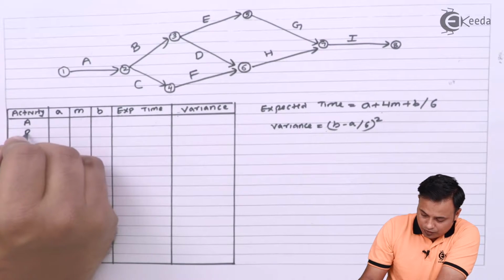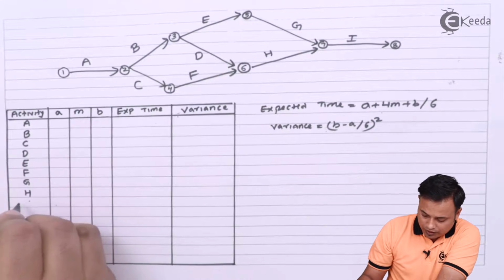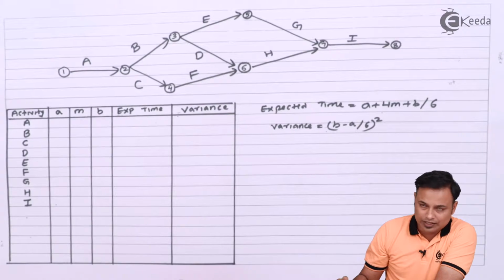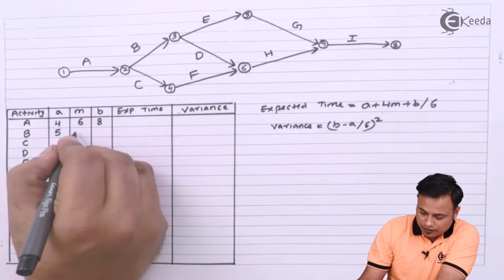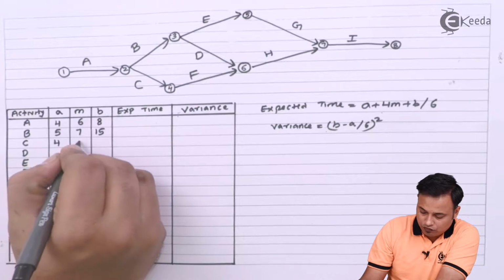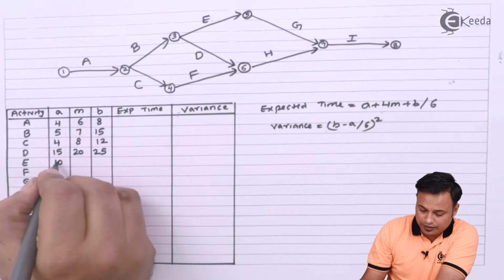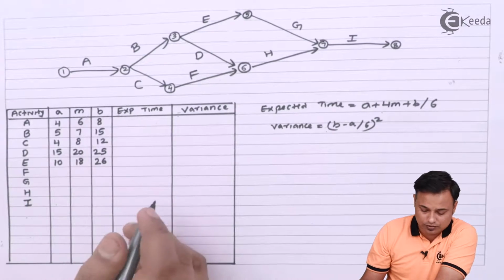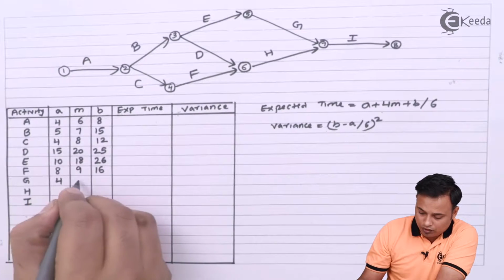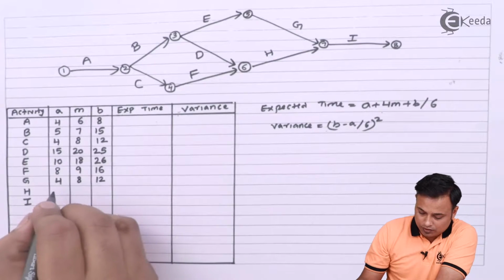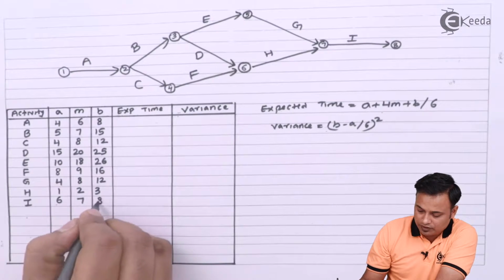So A, B, C, D, E, F, G, H and I. These are my activities, and I'll note down the numbers as it is: 4, 6, 8, 5, 7, 15, 4, 8, 12, 15, 20 and 25, 10, 18 and 26, 8, 9 and 16, 4, 8 and 12, 1, 2 and 3, and last one is 6, 7 and 8.